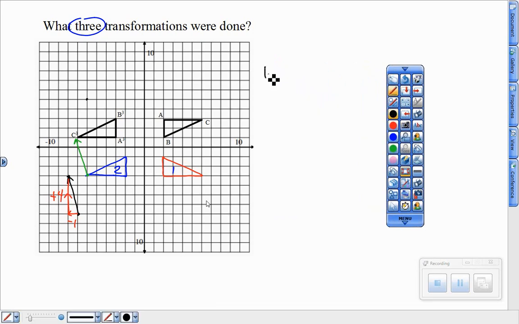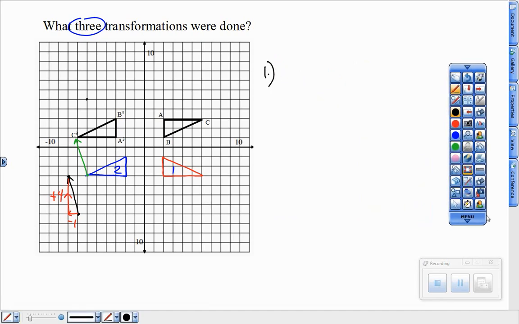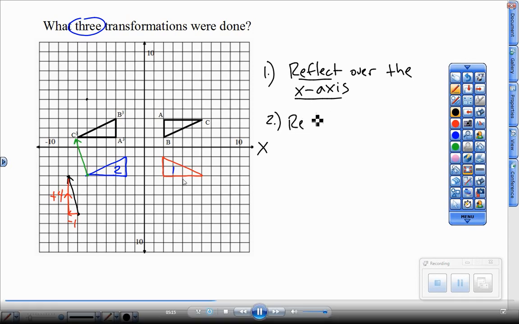So to write these out, number 1, reflect across the x-axis, or reflect over the x-axis. Don't just say reflect. Reflect over the x-axis. Don't say flip. Say reflect. 2, reflect over the y-axis.